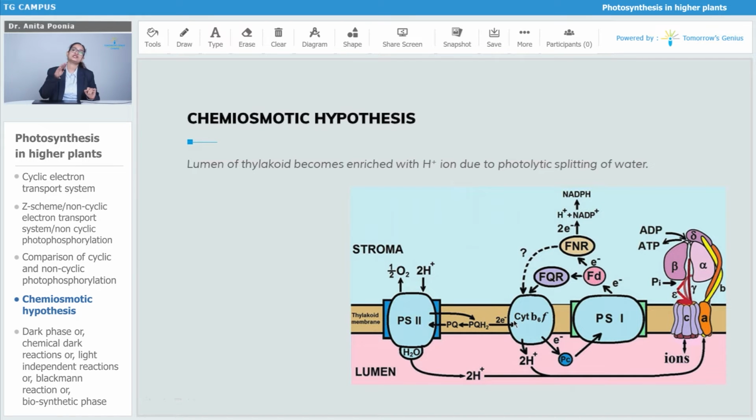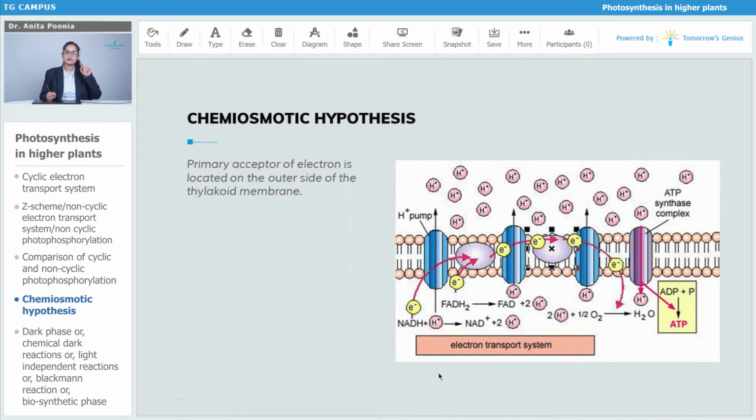You know water is H2O, and when water breaks down, it gives you two things, oxygen and hydrogen. Because of this, the lumen of the thylakoid becomes enriched with a lot of hydrogen.